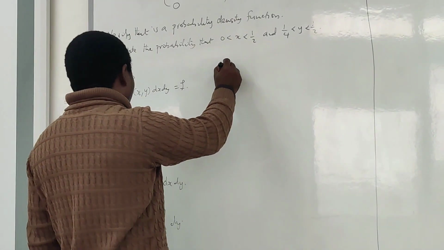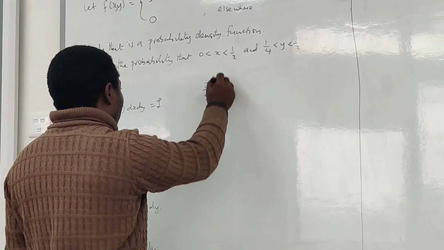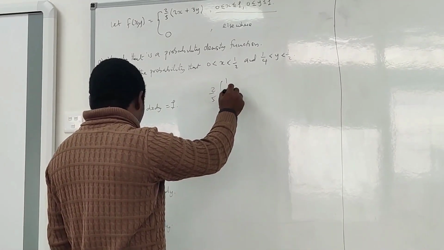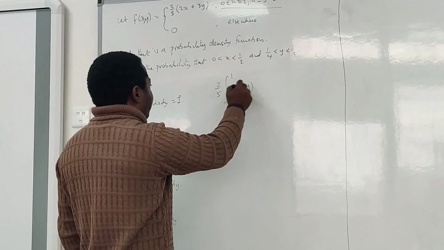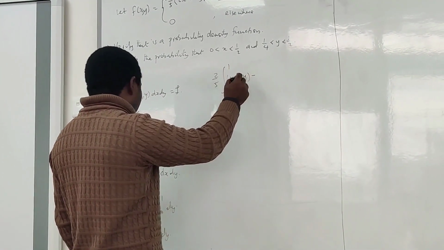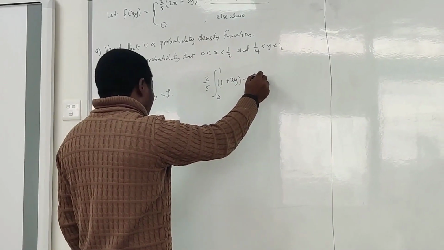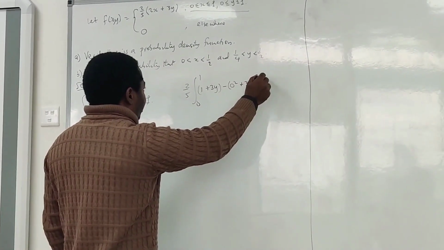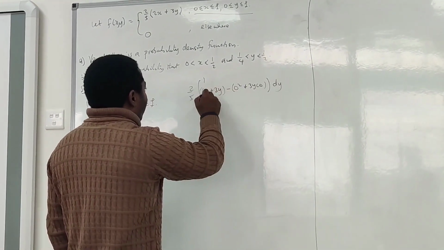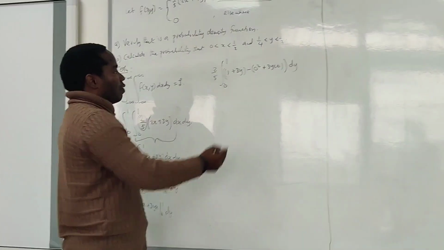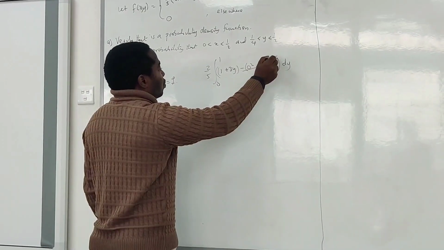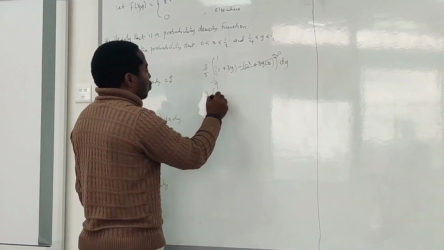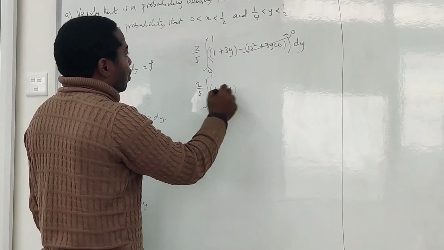We'll have 2 over 5, from 0 to 1, x squared will be 1, plus 3y, subtract 0 squared plus 3y times 0, dy. You will agree with me that this part of the equation goes to 0, and we are left with 2 over 5, integral from 0 to 1, 1 plus 3y, dy.